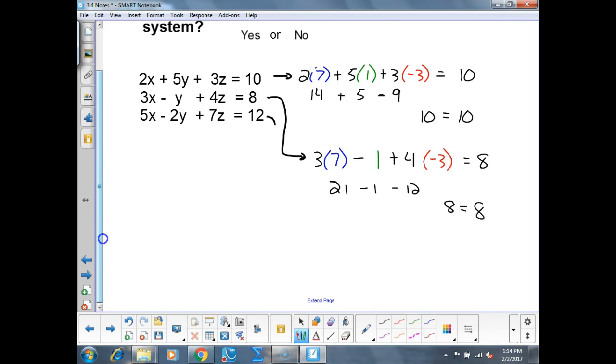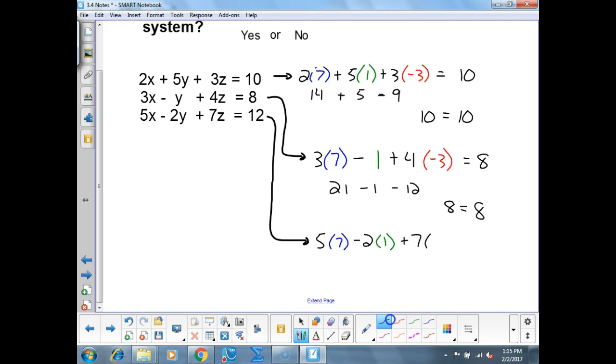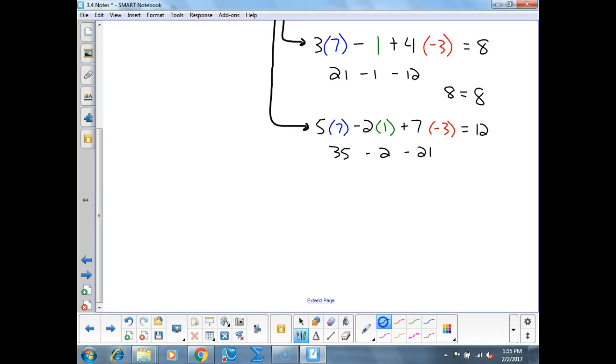Then we've got to check it in the last one. 5 times 7 minus 2 times 1 plus 7 times negative 3 has to equal positive 12. 35 minus 2 minus 21 is 12, which is equal to 12.